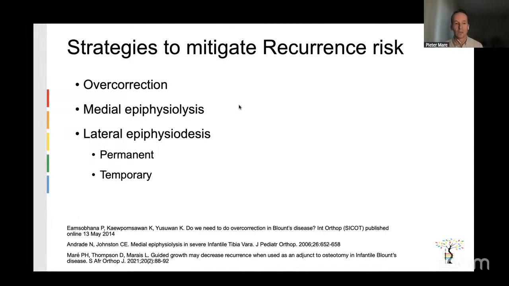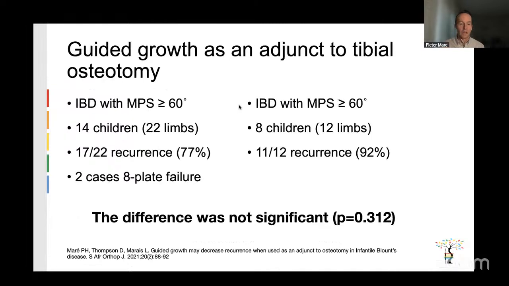And that leaves us with only one other option, and that's temporary hemiepiphysiodesis. So we tried that, guided growth as an adjunct to tibial osteotomy to try and decrease the recurrence rate in children who are identified to be at risk for recurrence. So that in our practice is children with Blount's disease with an MPS greater than 60 degrees. So in 22 limbs in 14 children, we performed this procedure.